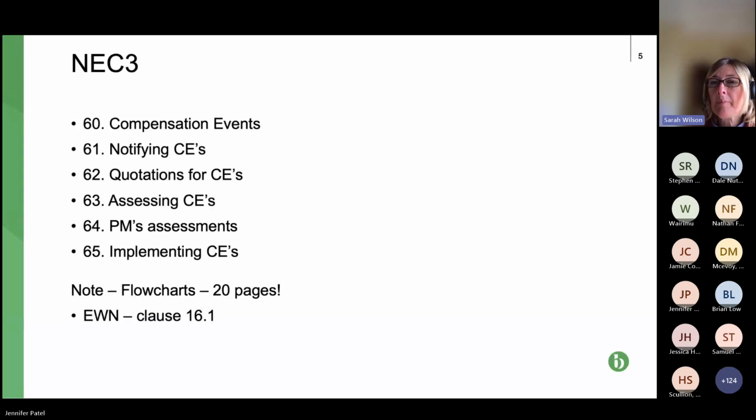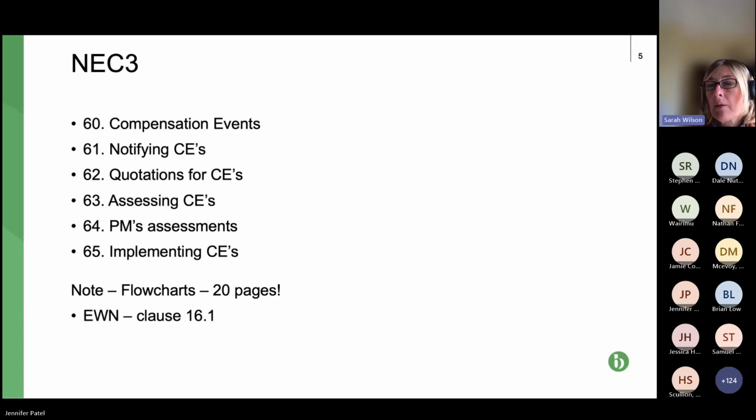So if we start with a couple of CEs that you are probably aware of. The first one is clause 60.1.13. So I would call it compensation event 13, and it's weather. So bad weather entitling the contractor to time and money.